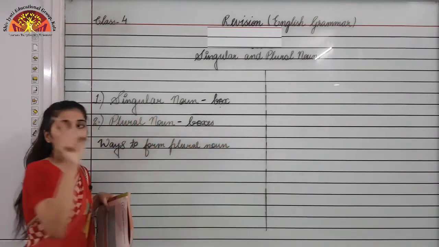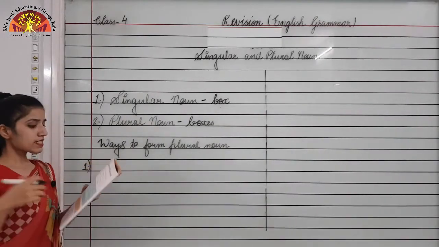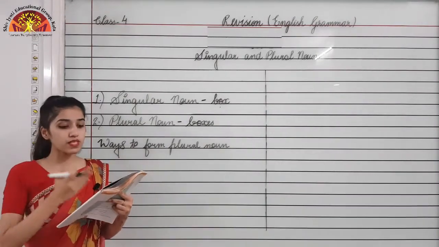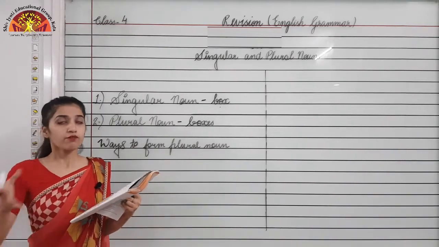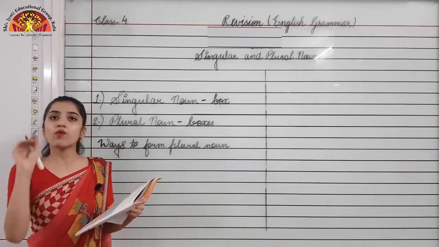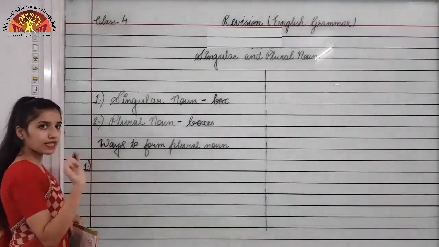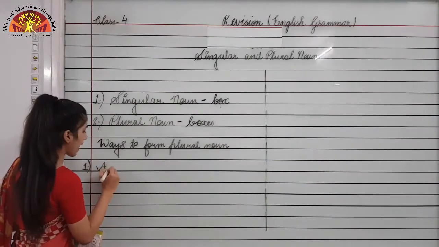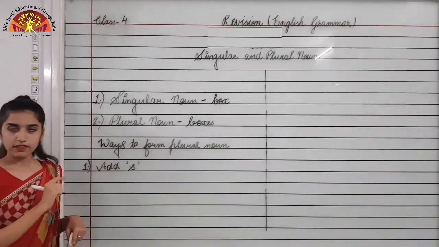The first way is to change some nouns from singular to plural, we only add s at the end. For some nouns, we just need to add s in the last. So just simple thing what we need to do is we just need to add s.